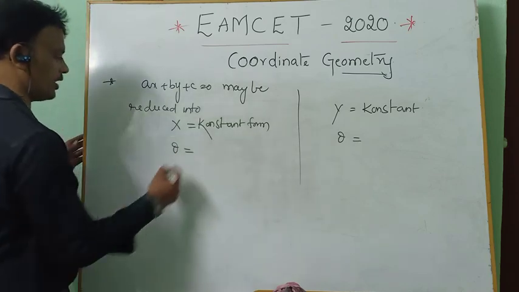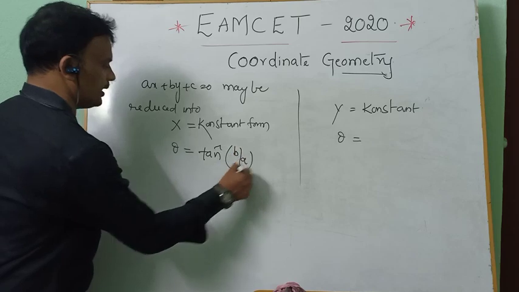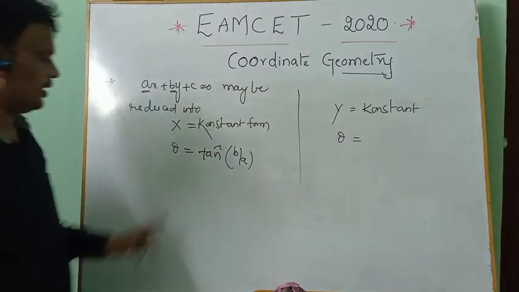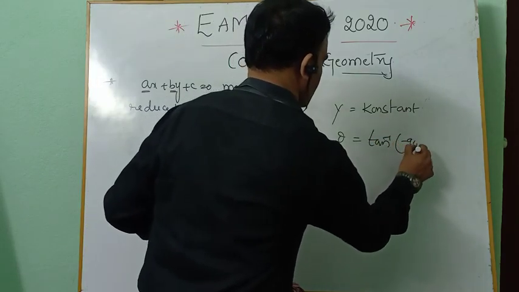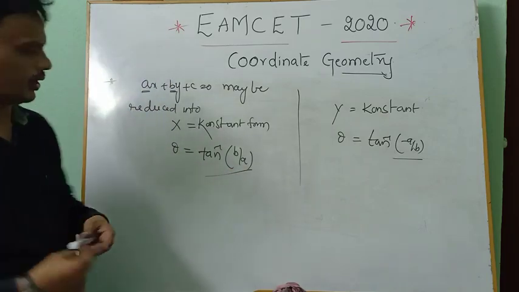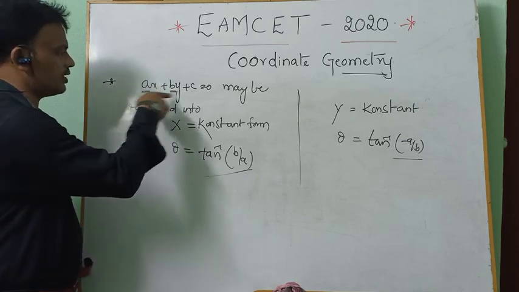We have derived formulas. In the first case, theta equals tan inverse of b by a, tan inverse of y coefficient by x coefficient. In the second case, theta equals tan inverse of minus a by b. I think you know how we got that value. As usual, our fundamental formulas apply here.